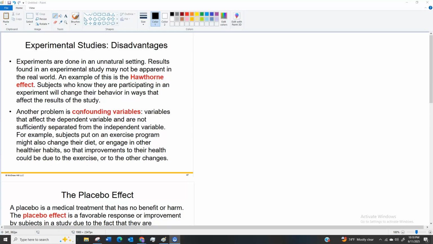Another problem is what's called confounding variables. And this is when you have variables that affect the output but can't be pulled away from the input. So a good example of this that's often given is you put subjects on an exercise program, or you give them some sort of a weight loss pill or something like that.